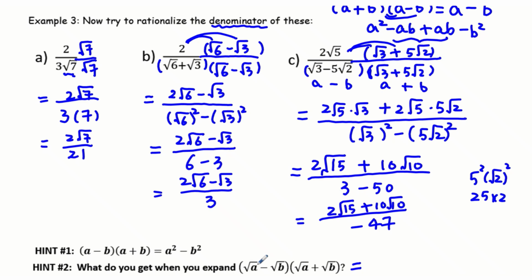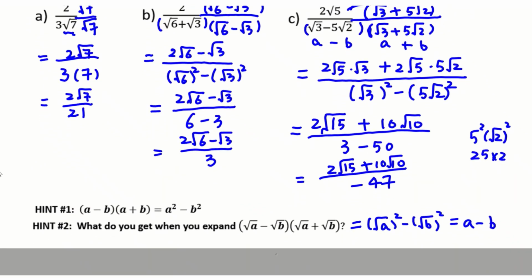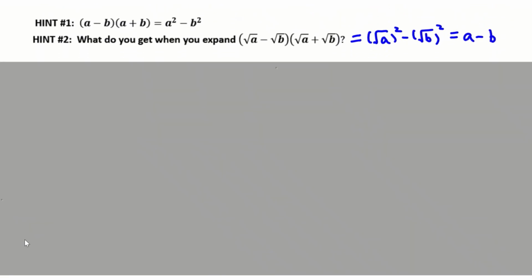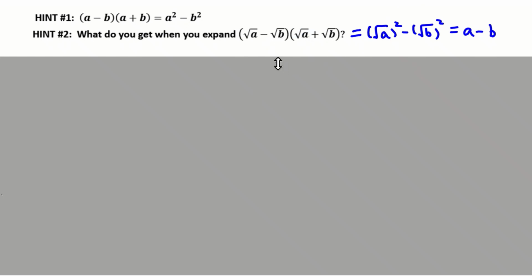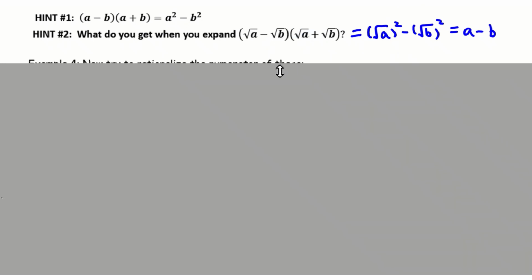You will have square root a squared minus square root b squared. You have a minus b. Then you will be able to get rid of the radical sign. So this is why we want to use a conjugate term to get rid of the radical sign in the denominator.